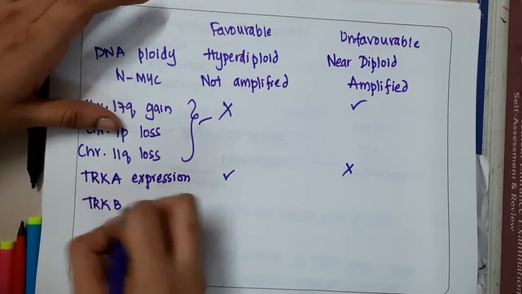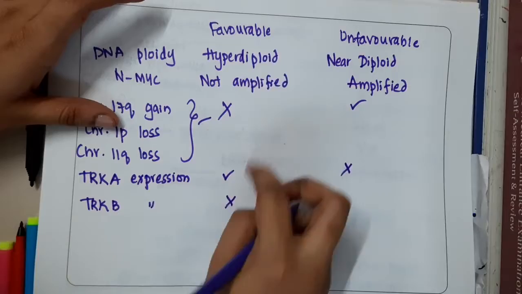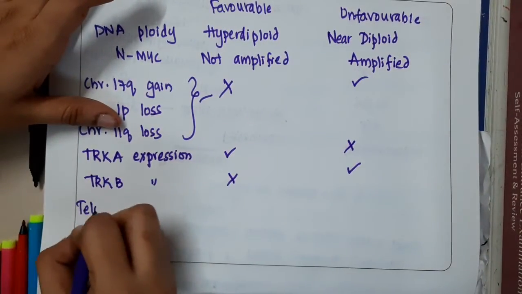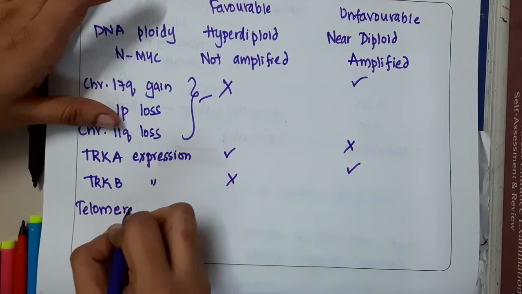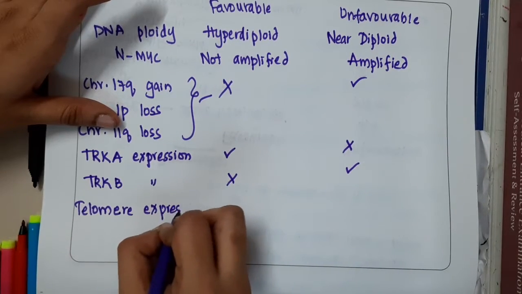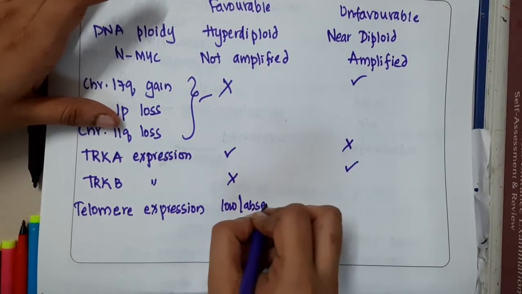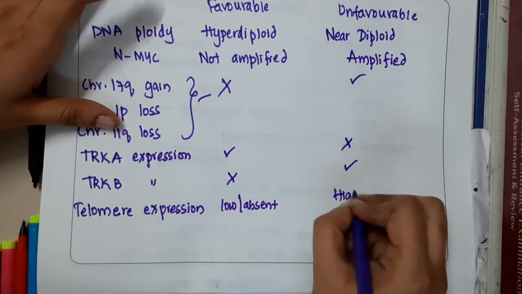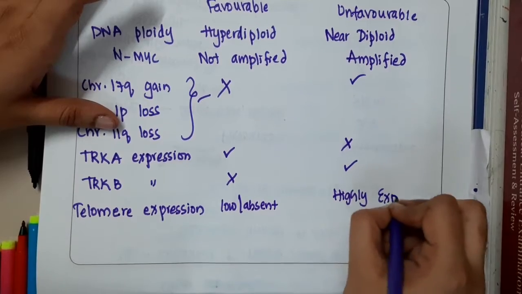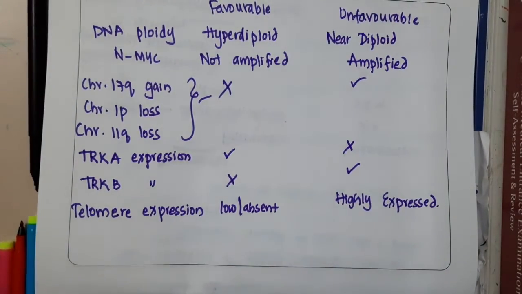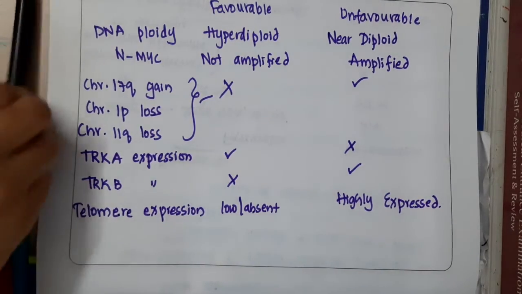TRKB expression: if absent, favorable; if present, unfavorable. And then telomerase expression: if low or absent, favorable prognosis; if highly expressed, unfavorable prognosis. So this is about the neuroblastoma prognostic factors.